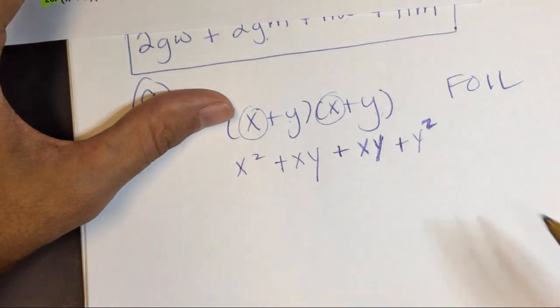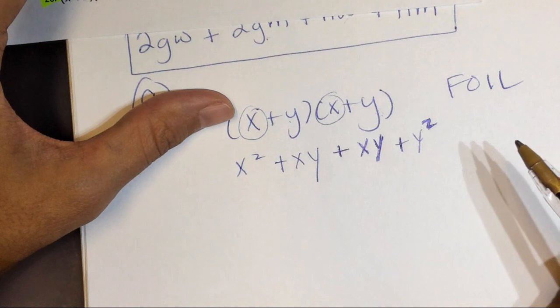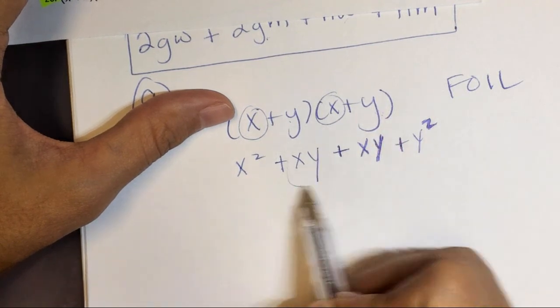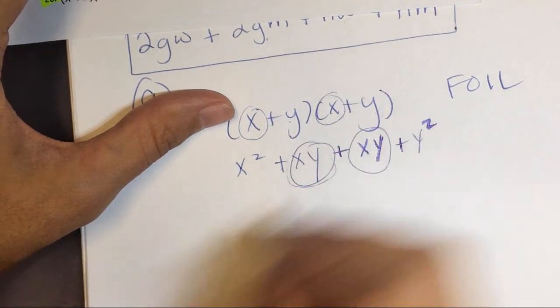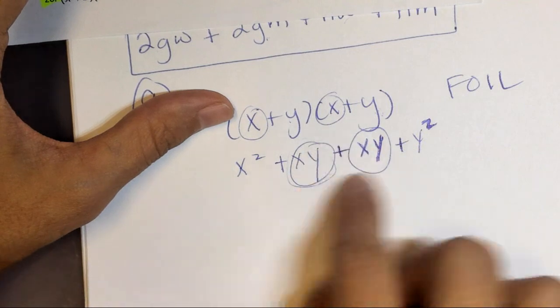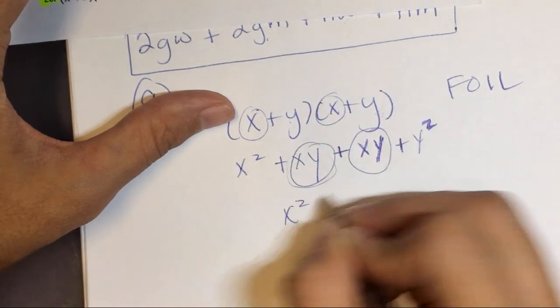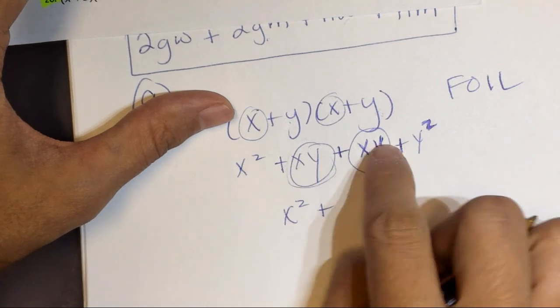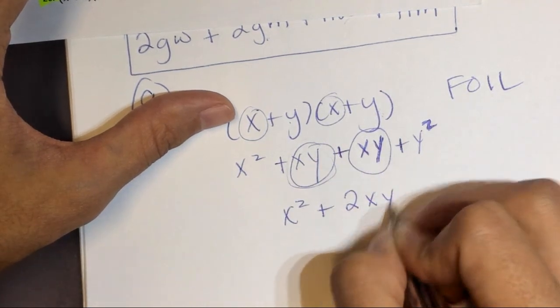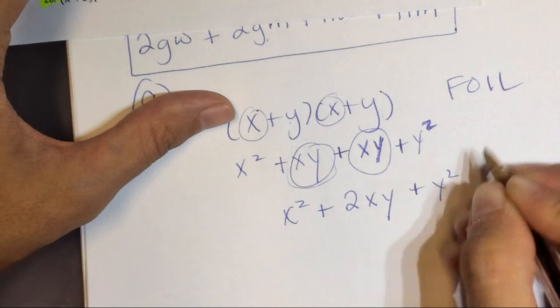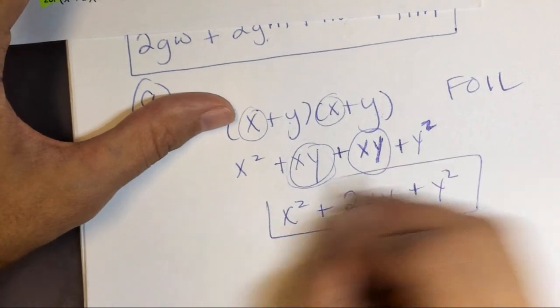Now check, do they have anything in common? So do you see how these guys look very similar? They're the same. They're simplified terms, so we can simplify even further by smushing them together. So I'm going to write x squared plus, and there's 2 of these guys, so 2xy plus y squared. And that's your final answer.